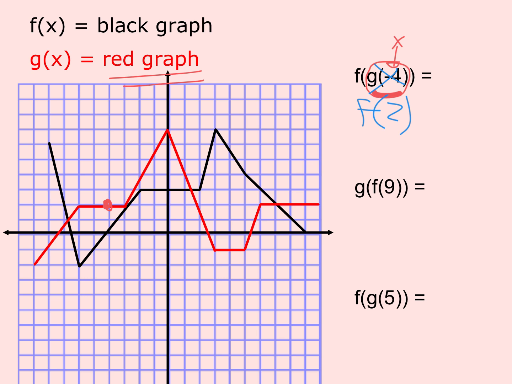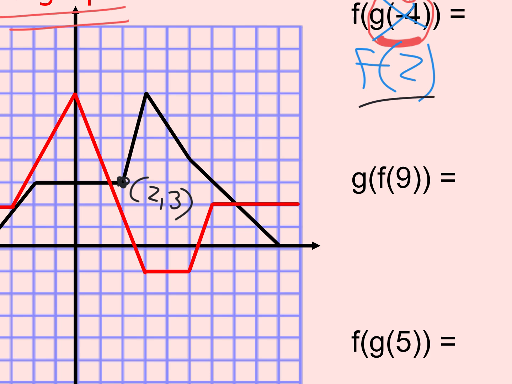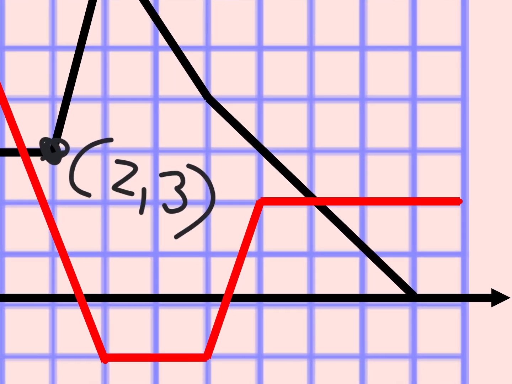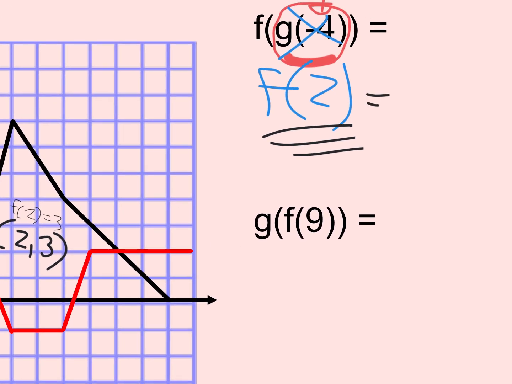That spot right there is 2, 3. And if I want f of 2, you've got to know that when you see a point like this, it means f of 2 is 3. That's what that means. So I already had the 2. I want the 3 part. The answer is just 3.